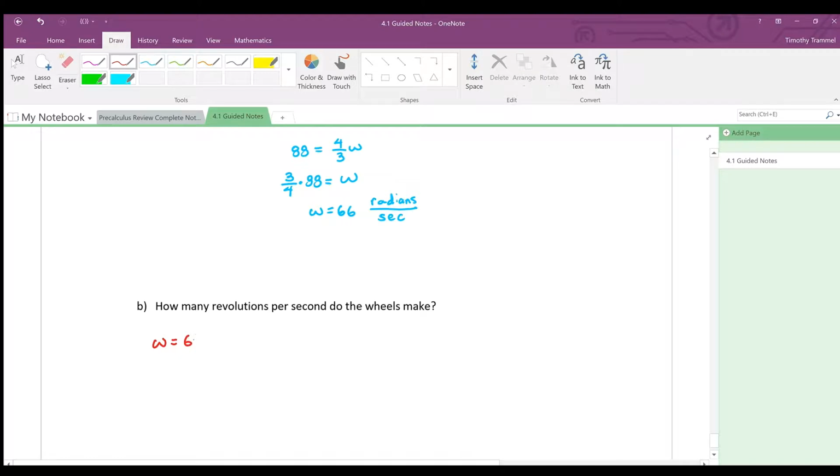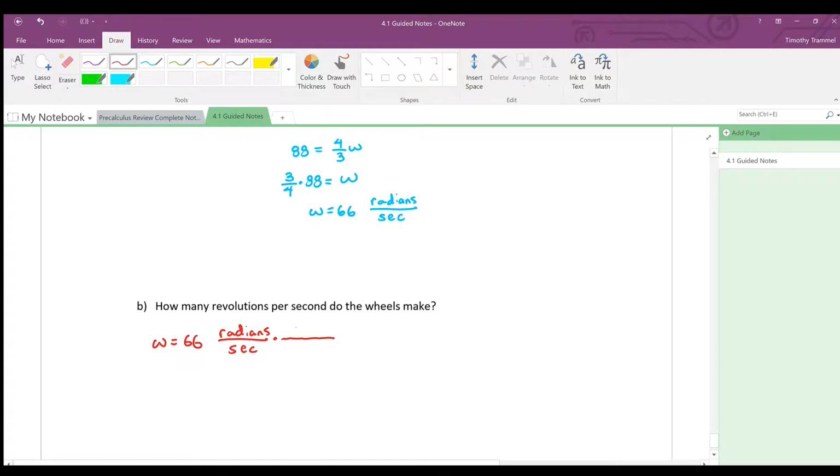Let's start that over. 66 radians per second. And to convert, we just, again, need to know the relationship between radians and revolutions.